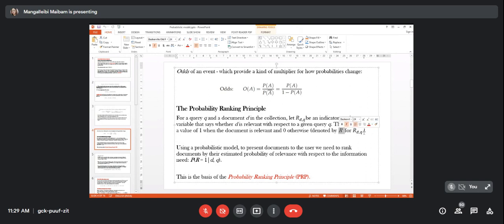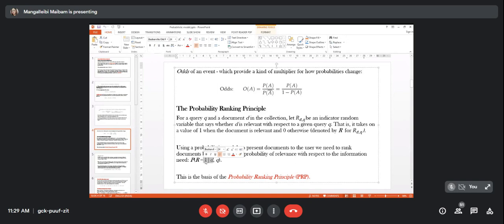Normally, for relevant we represent it by R. If it is a relevant document, we represent it as R. Using the probabilistic model, if it is relevant, then R equal to 1.